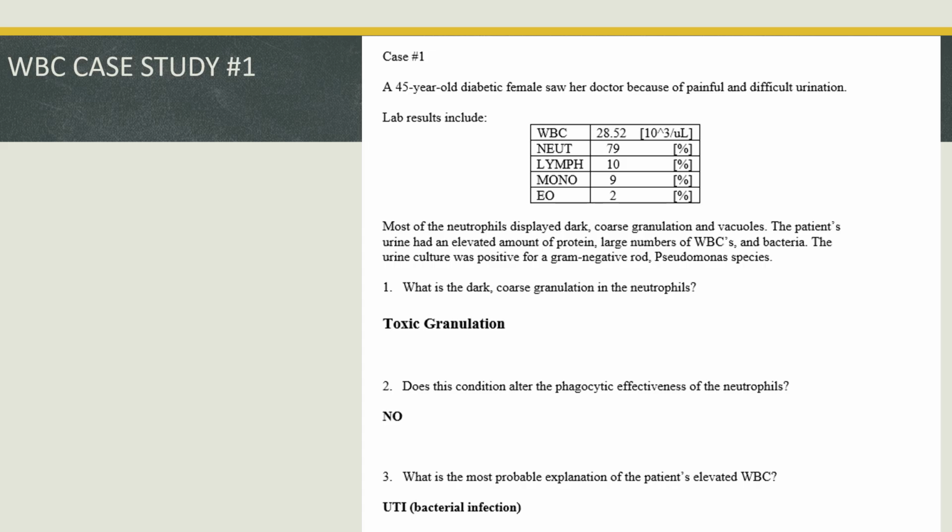Well, we know that when our body has an infection and our urine culture was positive for a bacterial species, our white blood cell count becomes elevated to enhance the defeat of the bacterial infection. So all of those pieces put together would indicate that this patient probably and most likely does have a UTI. She does have a UTI because we are seeing empirical evidence with her urine culture that she is positive for gram-negative Pseudomonas species.